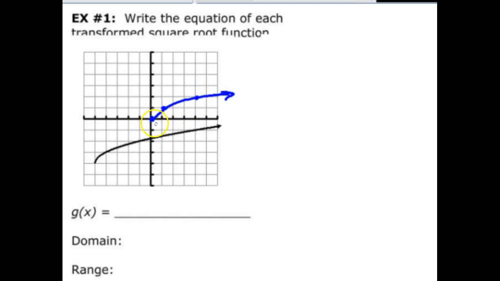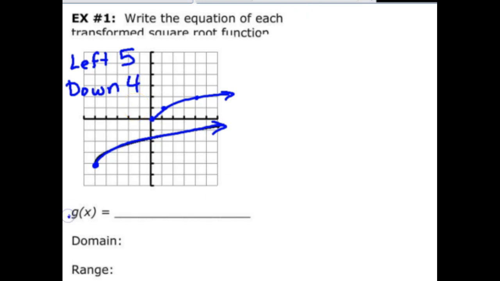So compared to this parent graph, what happened to this one right here? Left and down, right? How far did it go to the left? And how far did it go down? You'll have to count it because my screen's not very good. How far did it go down?